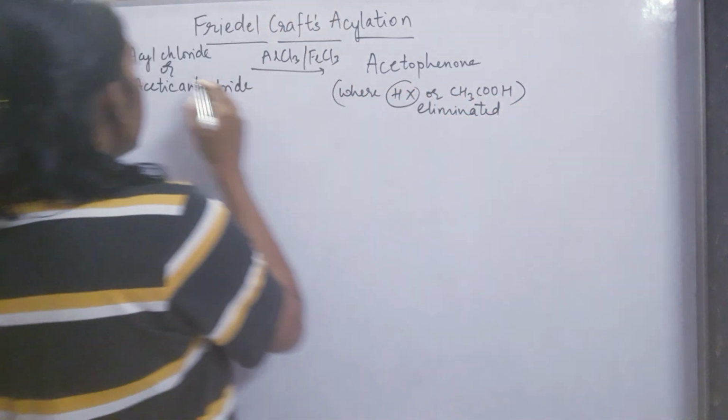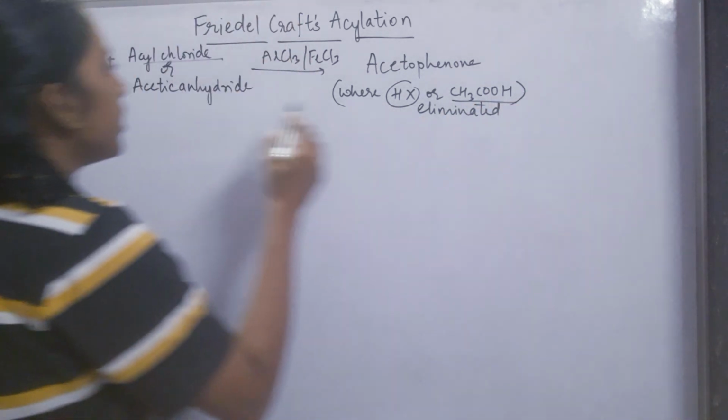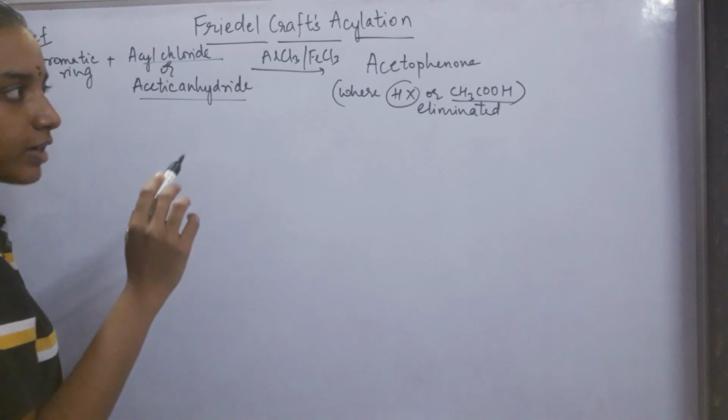See, HX, when we take acyl chloride, that will be eliminated. CH3COOH will be eliminated if we take acetic anhydride in the reactants.